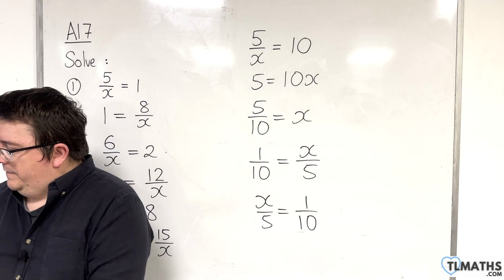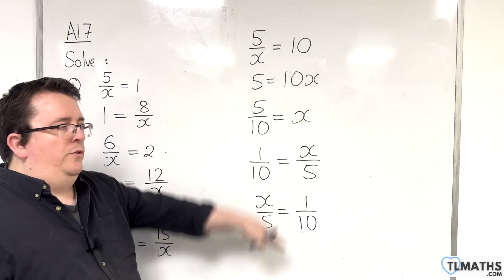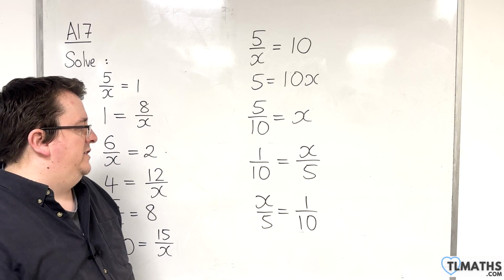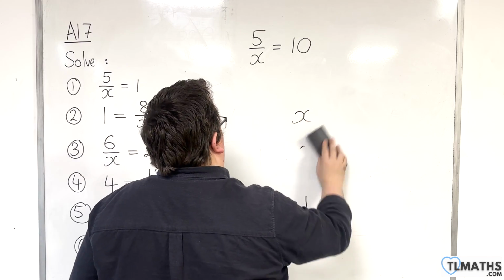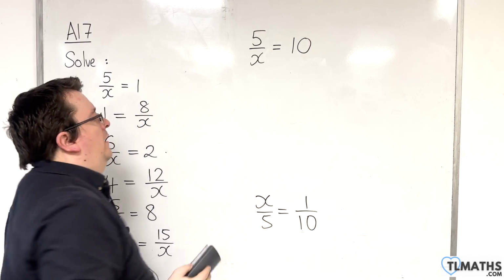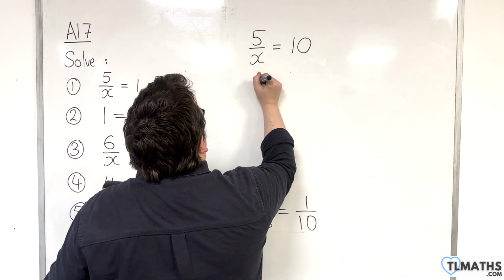Now, if you're happy with all of those steps that I've made, excellent. I now want you to compare just the first line and the last one. I'm going to write it underneath.